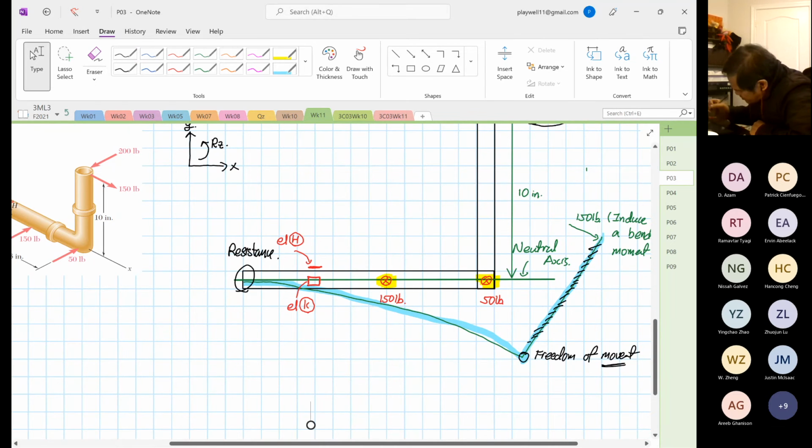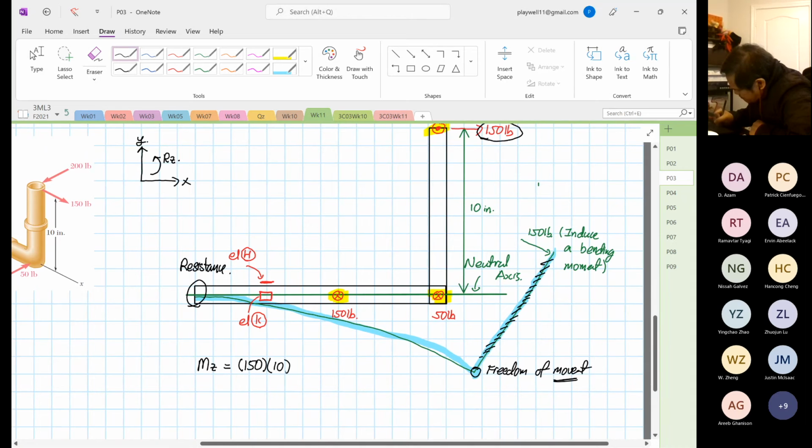The moment in the Z direction is equal to 150 multiplied by 10, so this is equal to 1,500 pound-inch. And the moment vector will go this way. So this is our moment in Z.